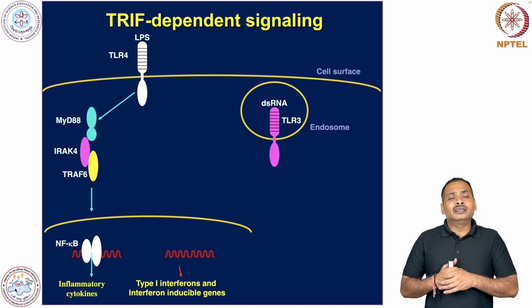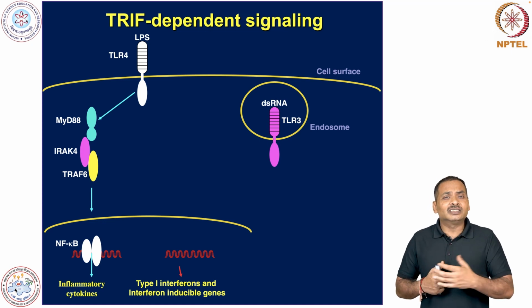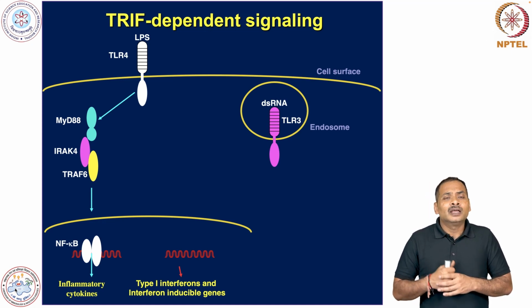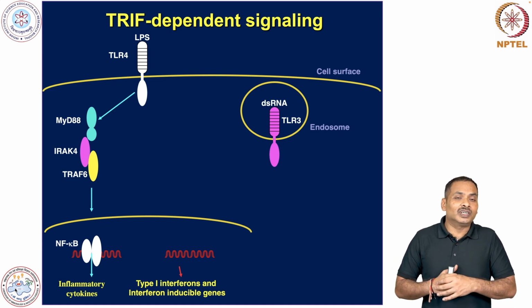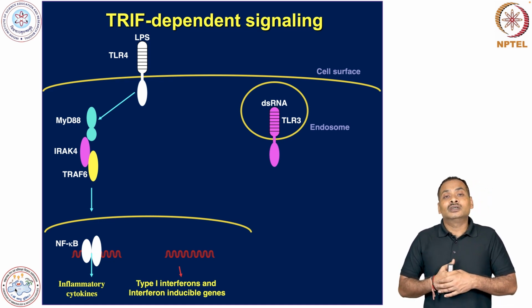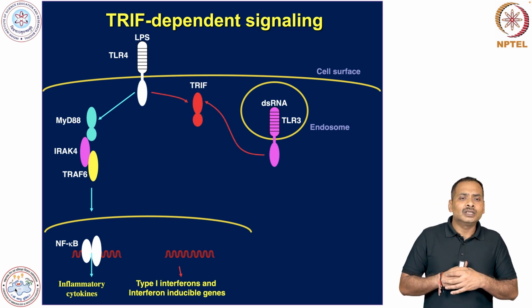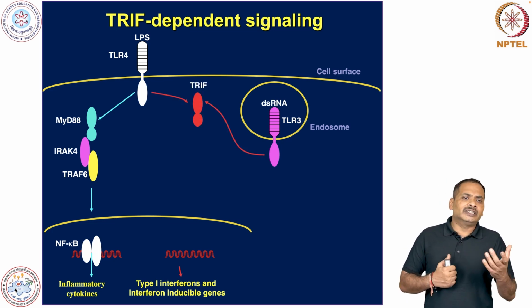If you introduce this double stranded RNA, this poly-IC, inside the cell, then it will mimic a virus infection. And if you stimulate an appropriate cell like macrophages with poly-IC, then it will induce or activate the TLR3 pathway. So here you can see that TRIF is used by TLR3 and TLR4.